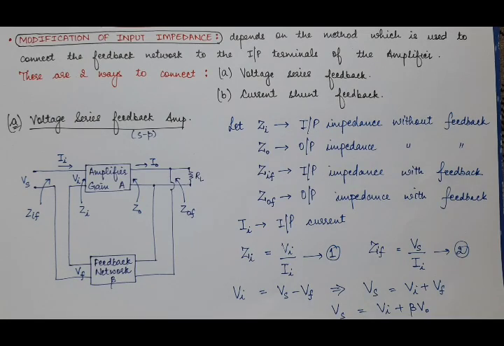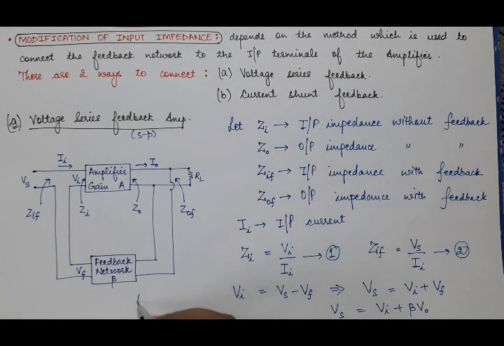The gain of the amplifier without feedback is A, equal to Vo by Vi, because without feedback Vs is equal to Vi.